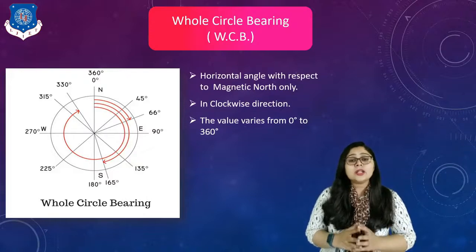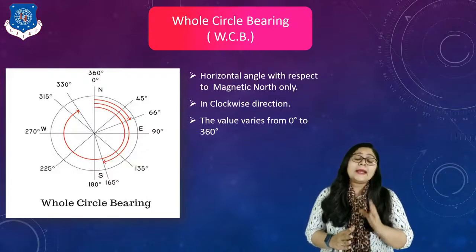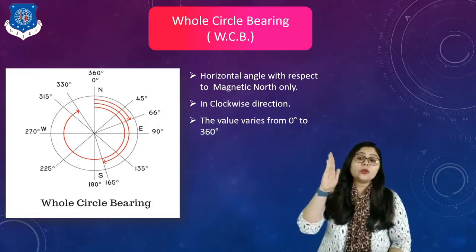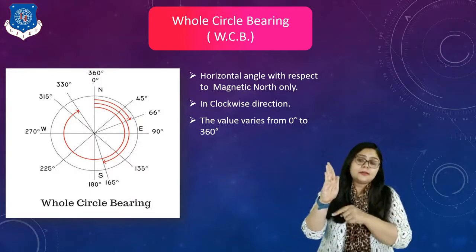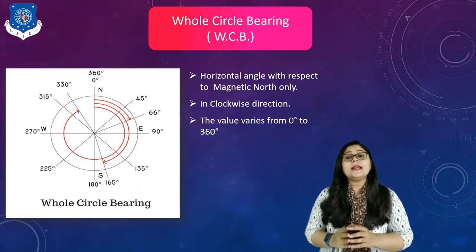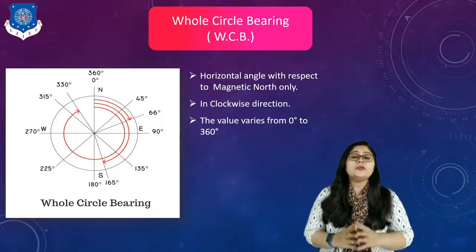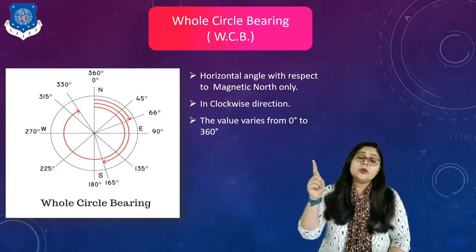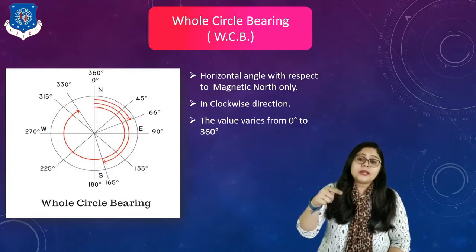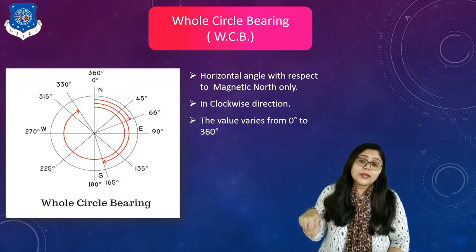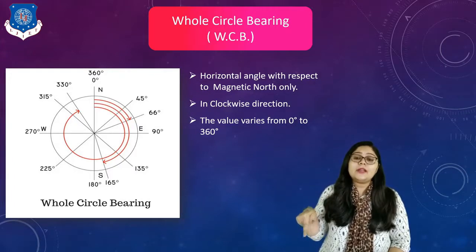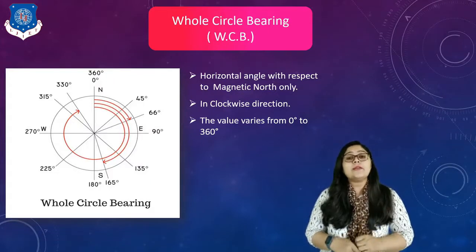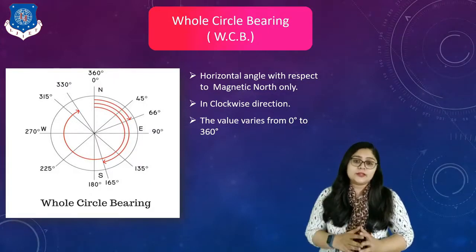According to that, it is also known as the WCB system. Here a horizontal angle with respect to magnetic north is considered. It means only with respect to north we are taking the angles. Here you can see, again I can divide this circle into different quadrants. The first quadrant has values between 0 to 90 degree, the second quadrant between 90 to 180 degree, the third quadrant between 180 to 270, and lastly the fourth quadrant between 270 to 360, right?